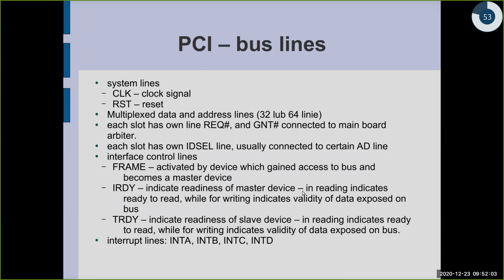It is not important to remember, but you should understand that PCI consisted of a parallel bus. There was also a clock signal, so it was a synchronous bus, a reset line, which was used to reset a device, and 32 or 64 lines, which were used to send data and to send the address of the device.